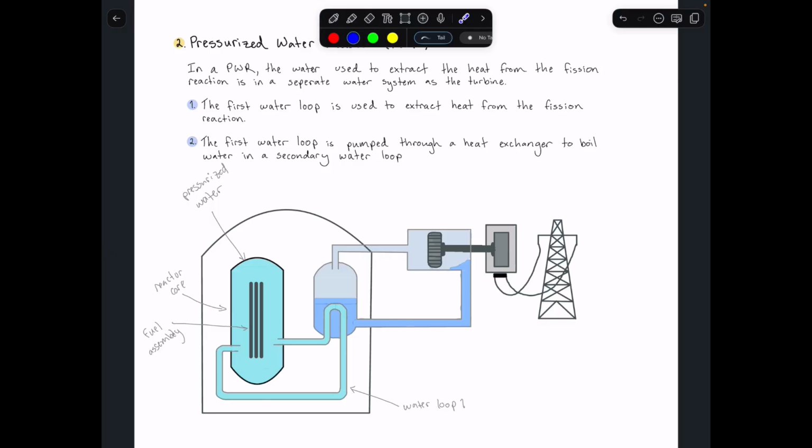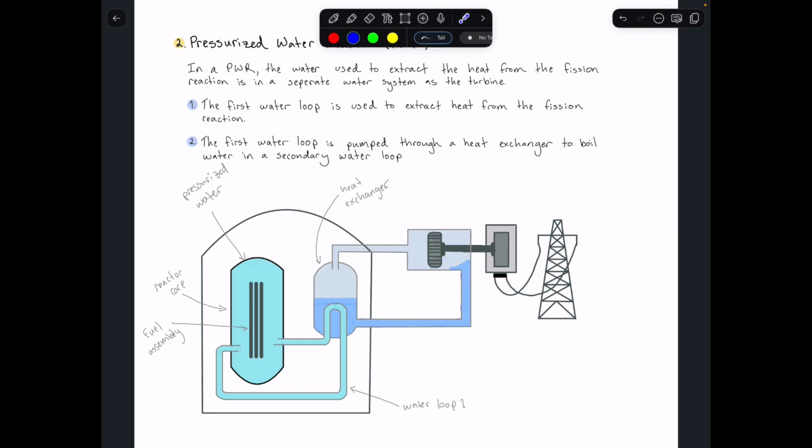So in this first loop, this hot pressurized water flows through a heat exchanger. So it flows here. And so this thing here, this is a heat exchanger. Where what happens here is that the heat from this high pressure water loop transfers its heat to a second isolated water loop.